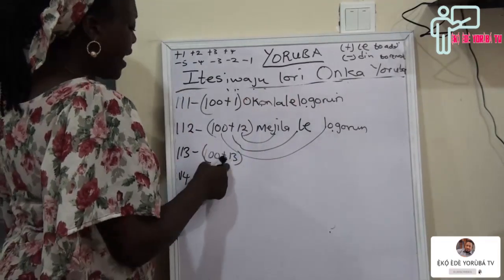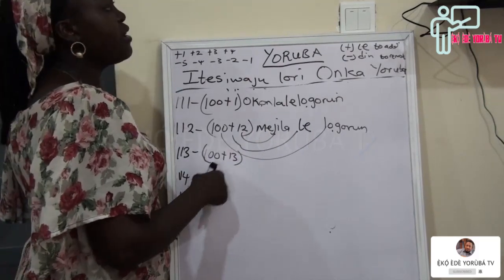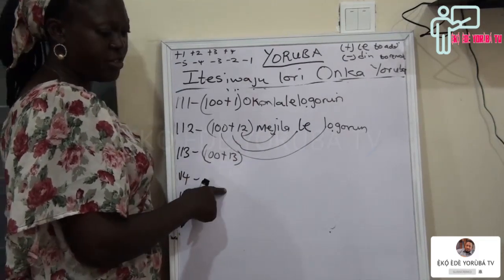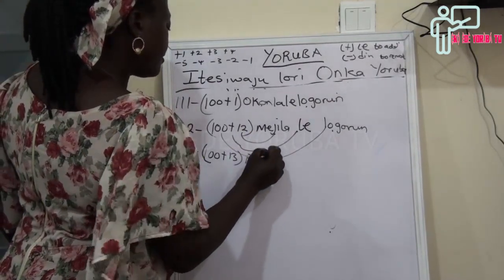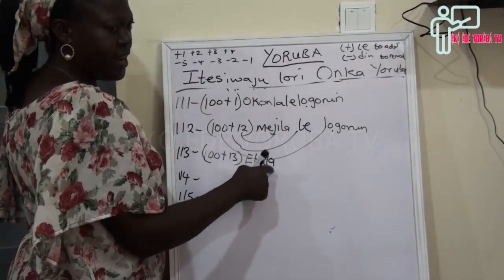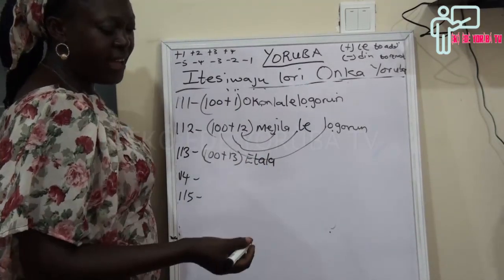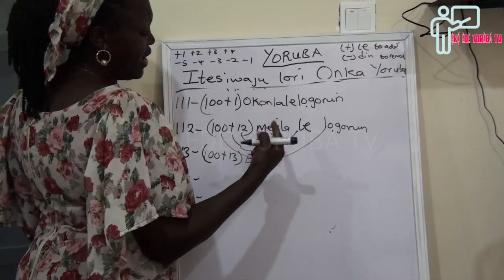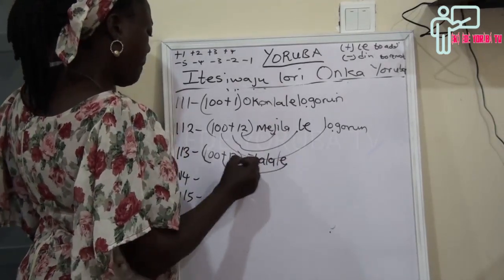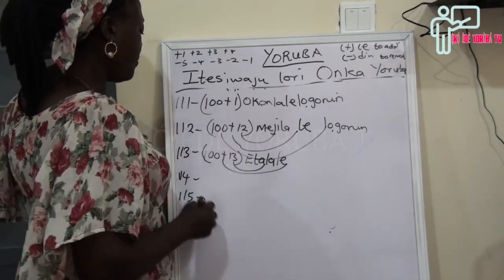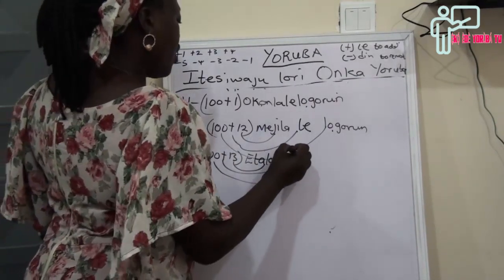That is 13 plus 100. Ẹ̀tàlá or mẹ́tàlá, ìkẹtàlá. Mẹ́tàlá, ẹ̀tàlá lé lọ́gọ́rùn-ún.